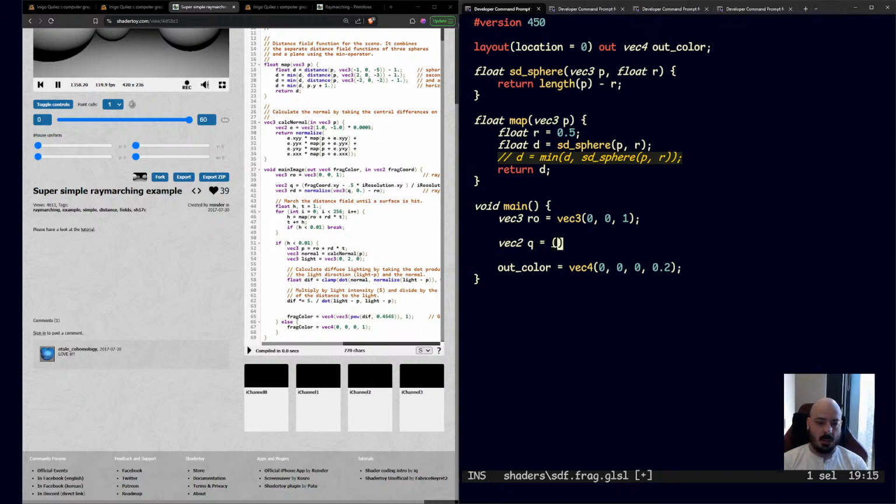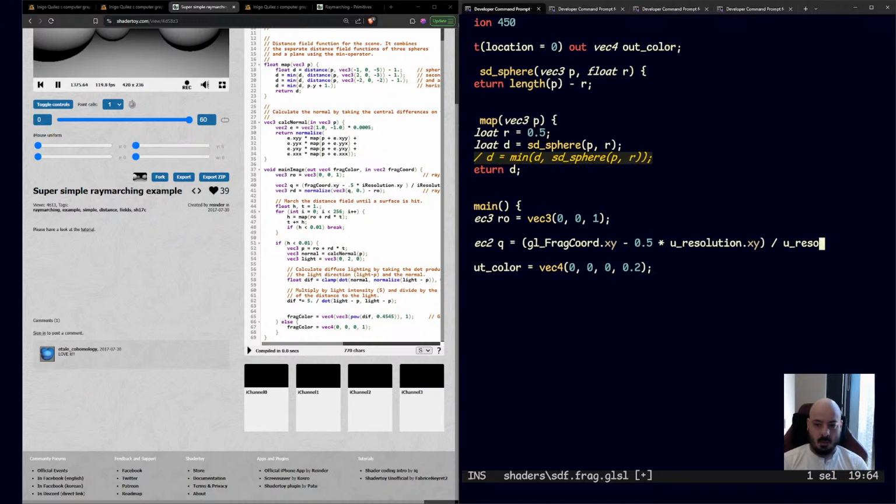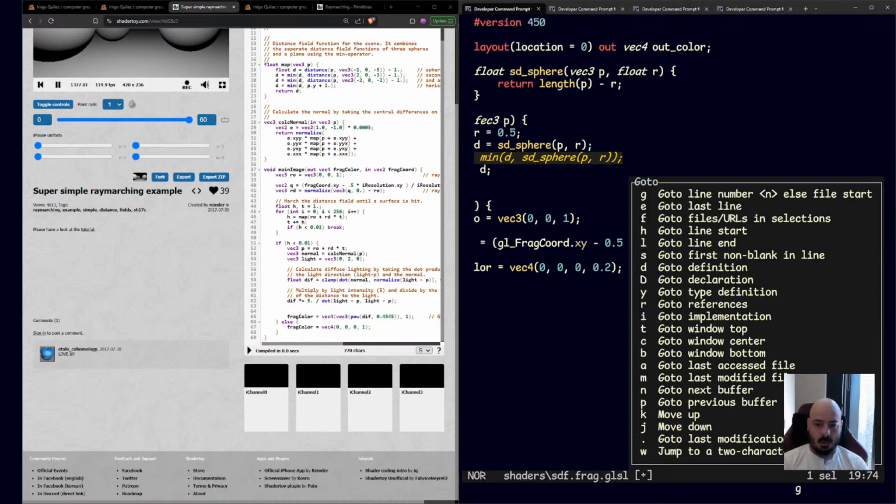We do have access to frag coordinate here, so it's gl_FragCoord.xy minus 0.5 times... I'm going to have to pass the resolution in. Resolution.xy divided by resolution.xy.